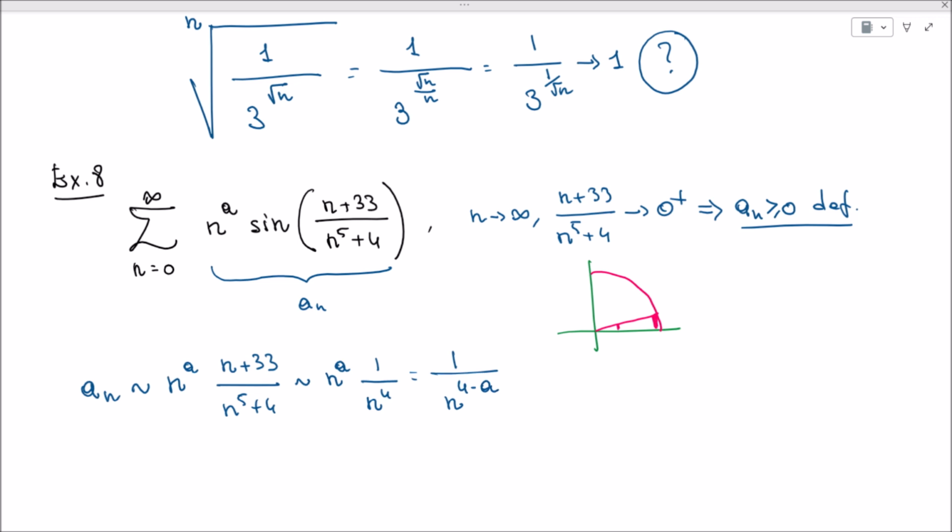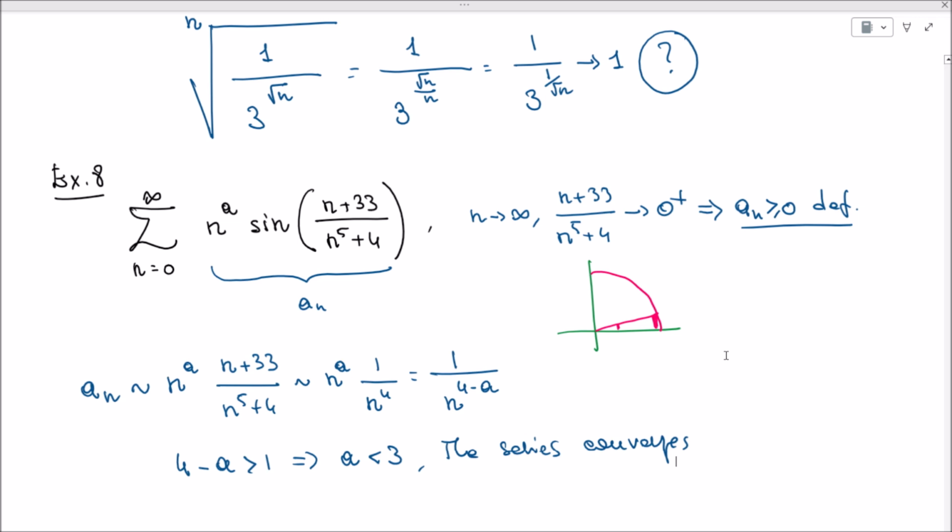Because an behaves like this, it looks like a generalized harmonic sequence, and we know that if 4 minus a is larger than 1, which is to say if a is less than 3, the series converges by just using what we know about the generalized harmonic series.